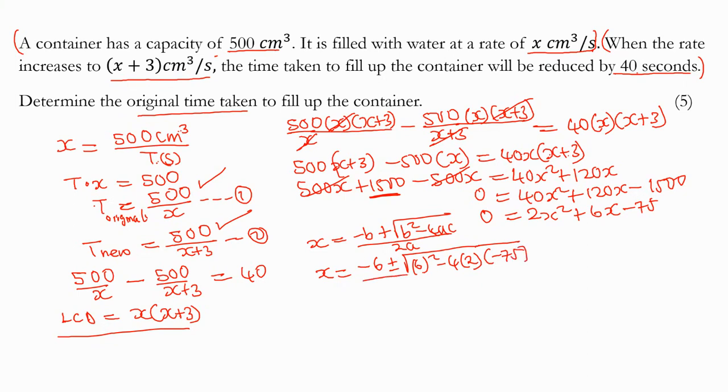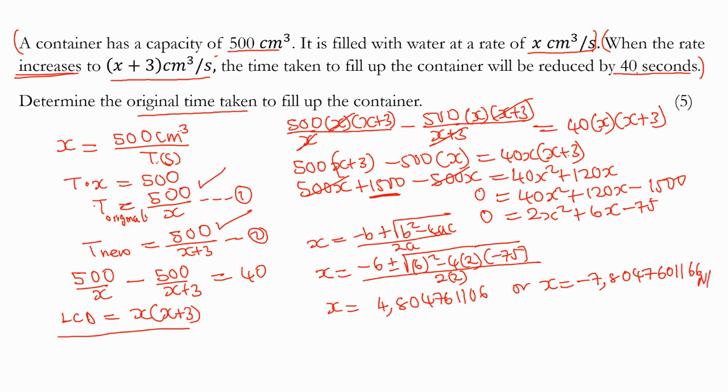All this over 2 times a, which is 2 times 2. And then you can use your calculator. You're going to get that x is equal to 4.804761106, or x is equal to negative 7.804761106.